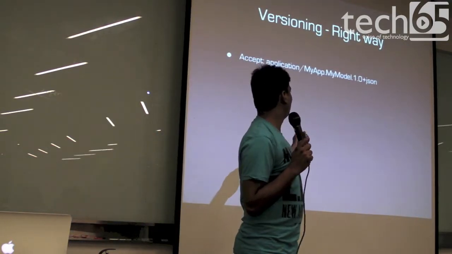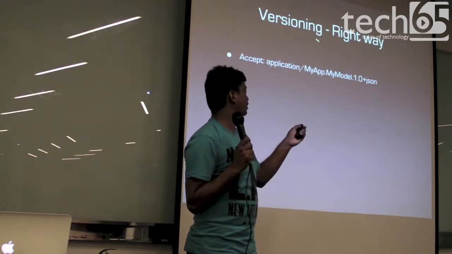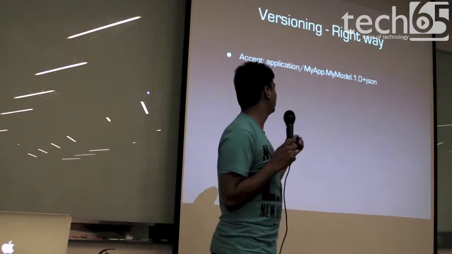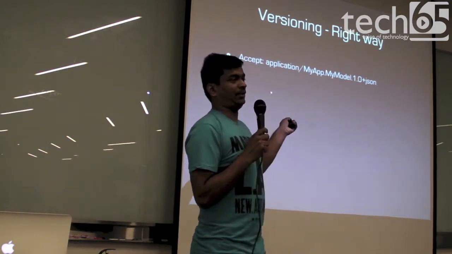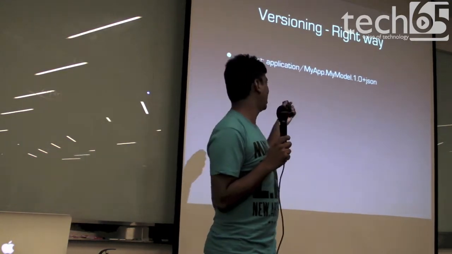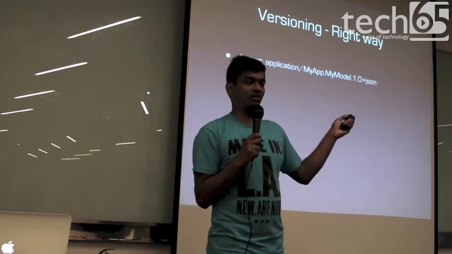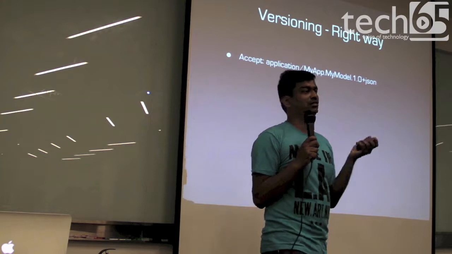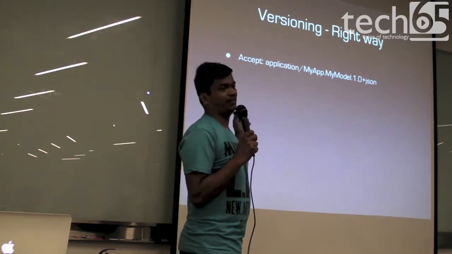This is what a model-based accept header looks like. This is a standard HTTP standard. You say, I'm going to accept application/XML, or I'm going to accept application/JSON. When you want the server to send only JSON, you say, I accept only application/JSON.